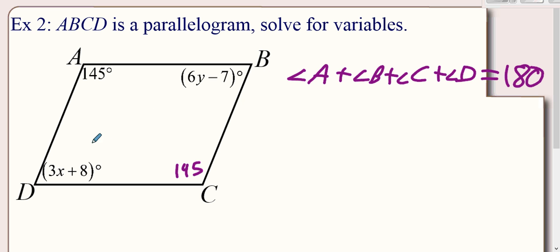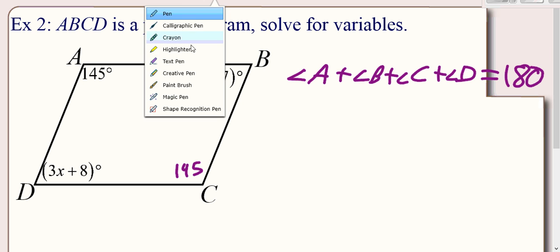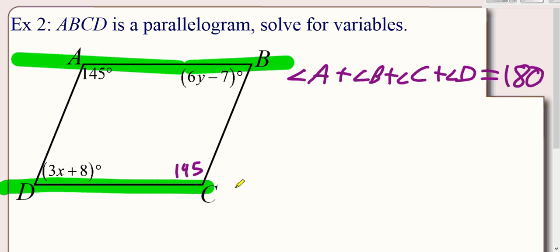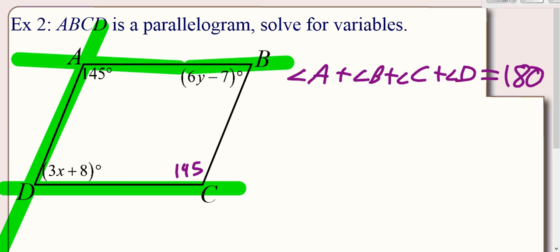We also know that B and D are going to be the same thing. A and C are going to be the same thing. Another way that we could apply this, which works out the same way here, if you think of that as a parallel line, and that as a parallel line, and here's a transversal, these 2 angles right there and there are same side interior, which means they're supplementary.